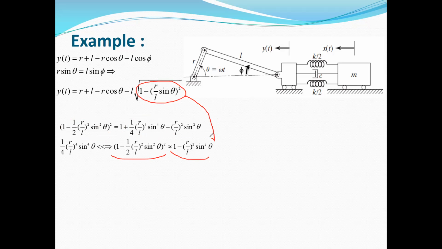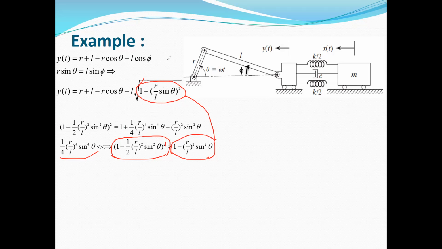So by using this approximation, when this term is very small, instead of this term we can substitute this square term. And when you substitute here, this square will be cancelled out with the square root.